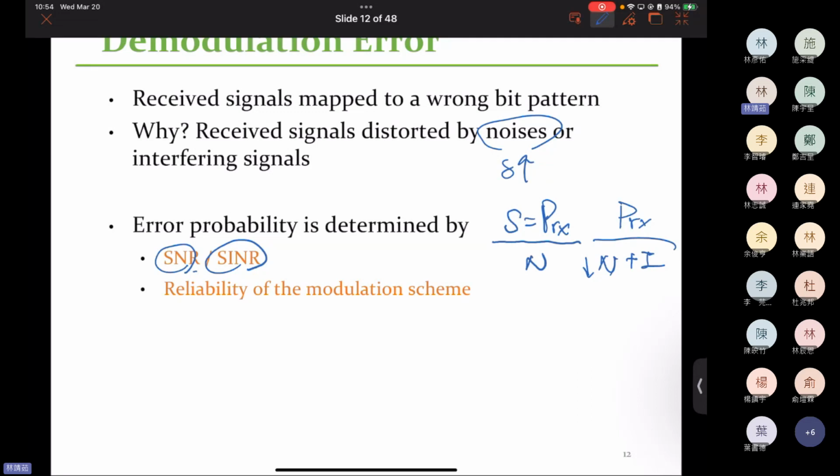So this becomes interference. Usually this interference will be much larger than the noise. So of course, if your signal power is comparable to this interference, then the SINR will be very small. In that case, your decoding will usually fail because the interference power is too large.